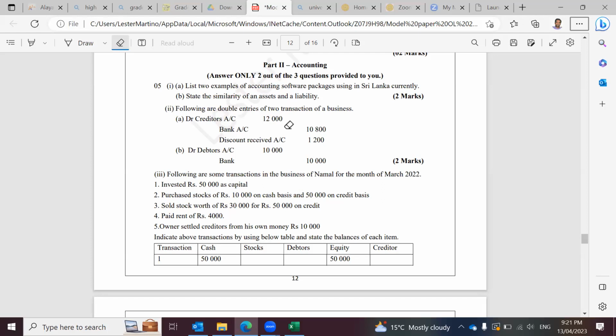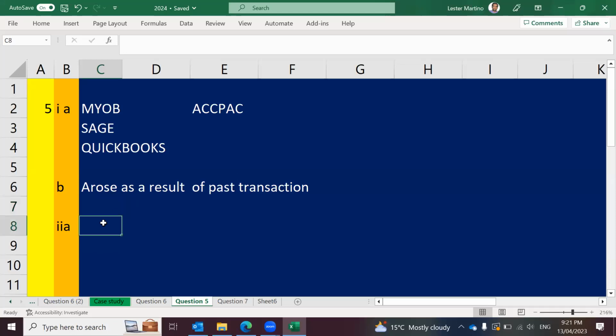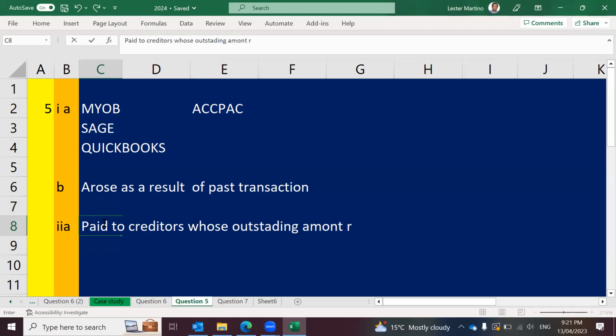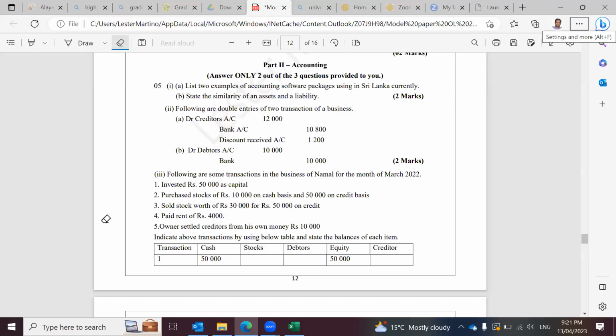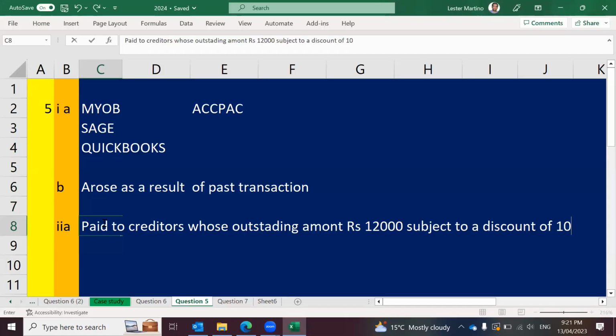Paid amount to creditors whose outstanding amount is rupees 12,000, subject to a discount of 10%, or you can say 1,200.